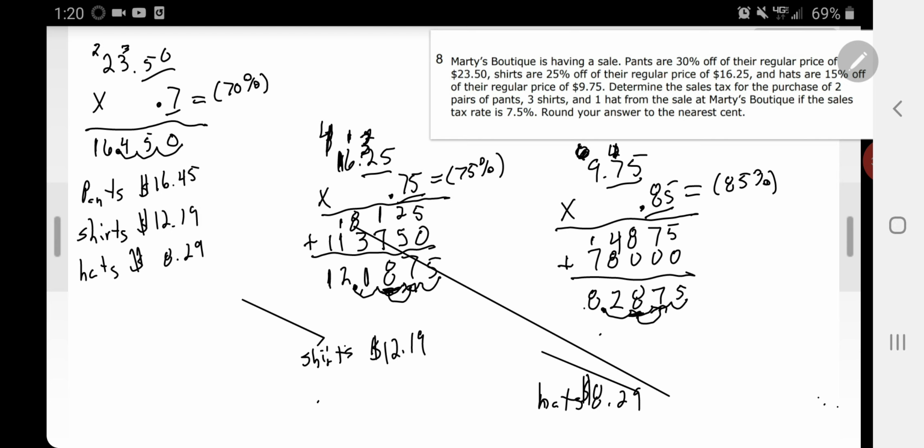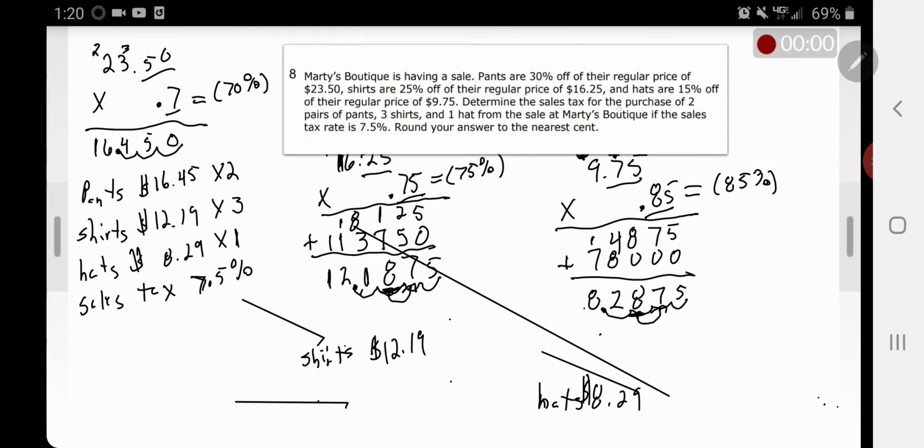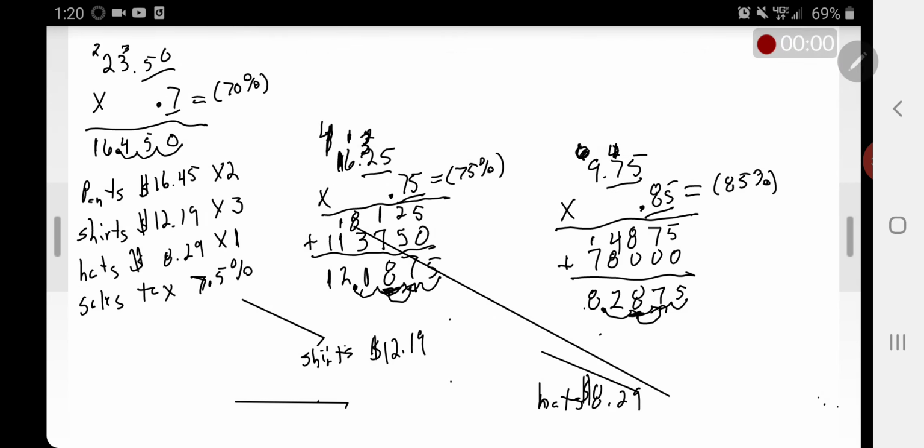We're going to buy 2 pairs of pants. We're going to buy 3 shirts and 1 hat. Okay, our sales tax rate is 7.5%.